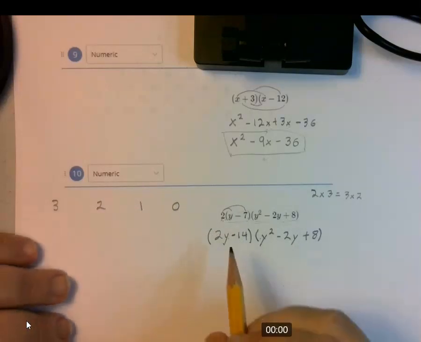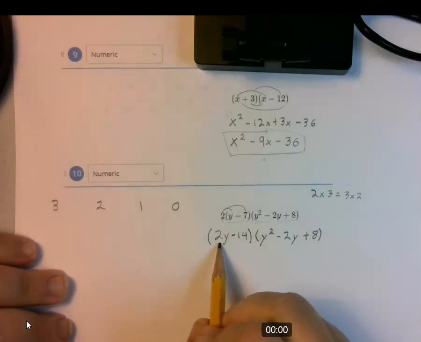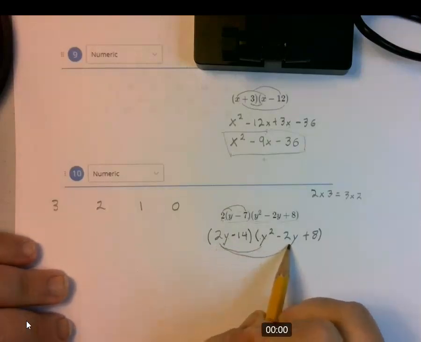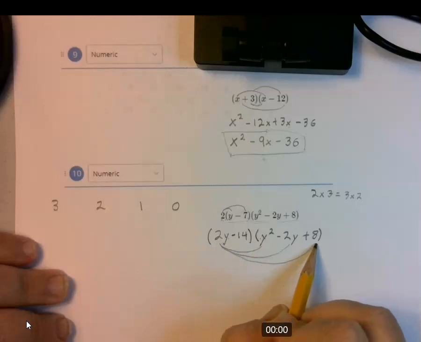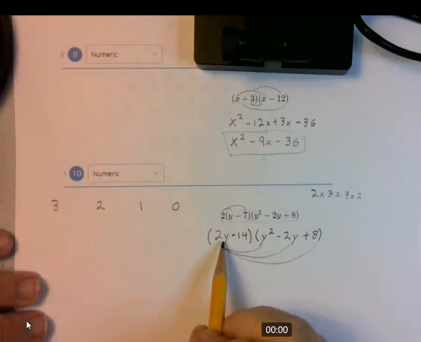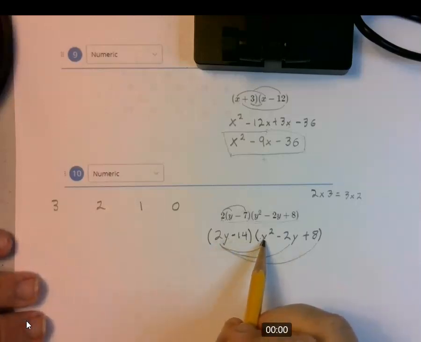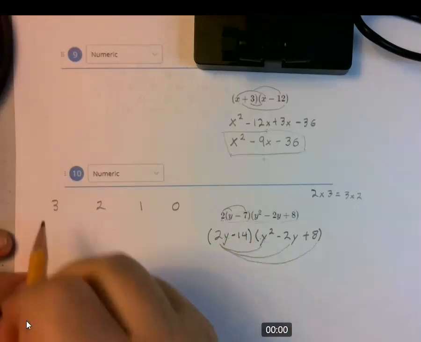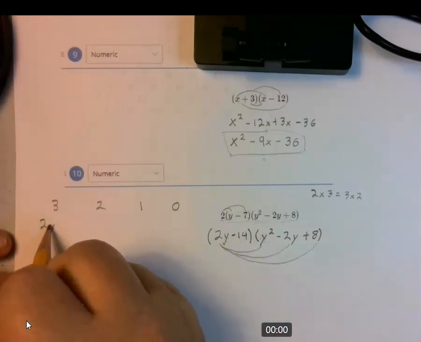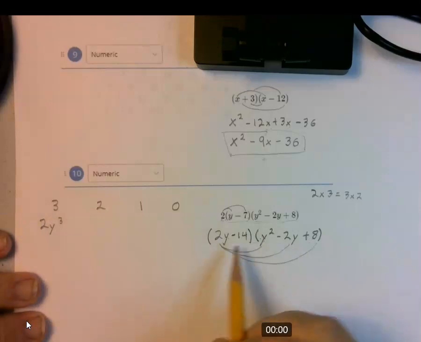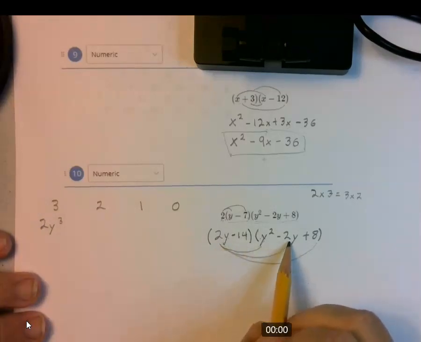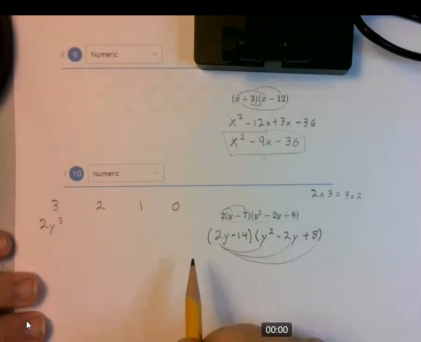All right, and now we go ahead and do this. So 2y times y squared is 2y to the third, so I'm going to put that over here. Okay, and then 2y times negative 2y is negative 4, and y times y is y squared.